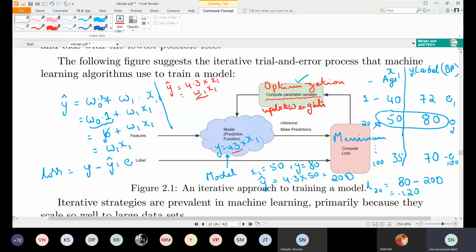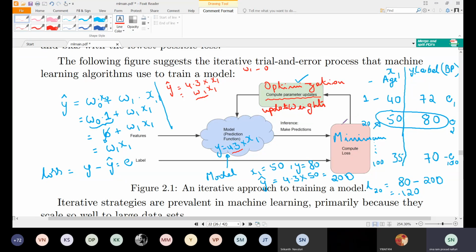Our assumption is the weight of the feature age is 0, W1 is equal to 0 to start with, and you have a very big loss because BP changes with age, but BP is never 0. So for that trivial case we get a very high error.